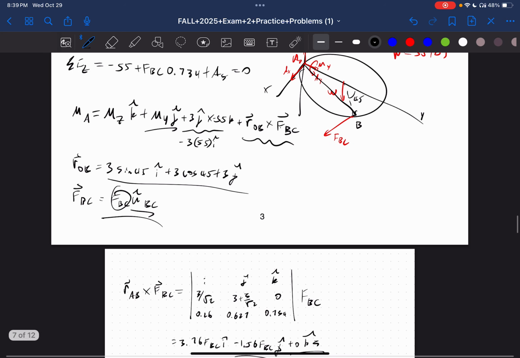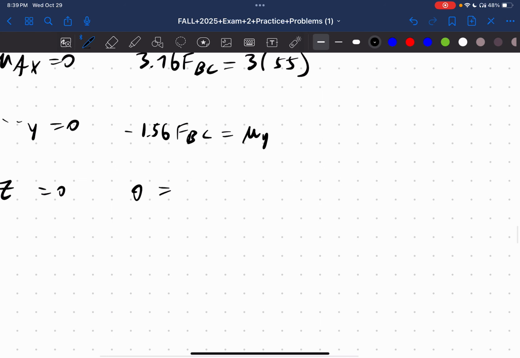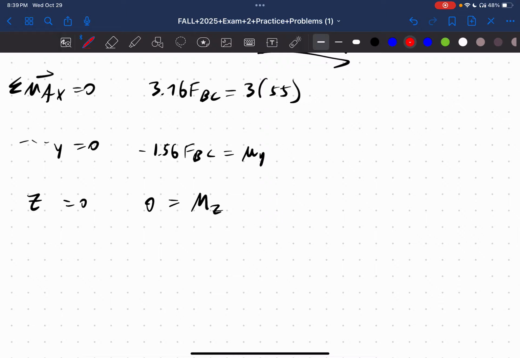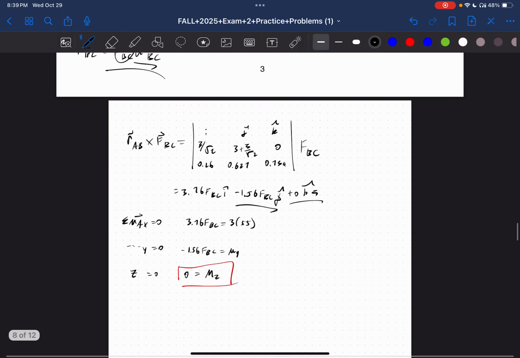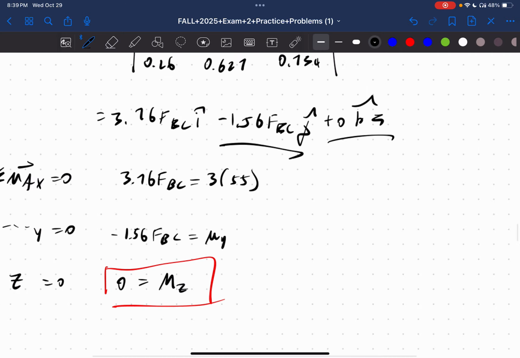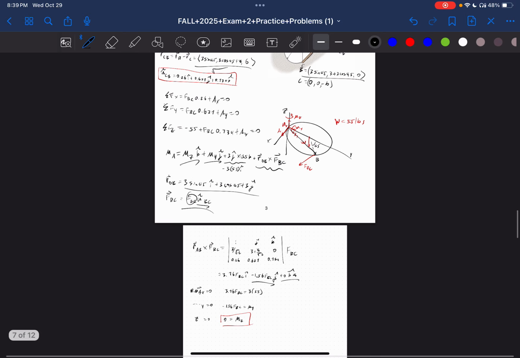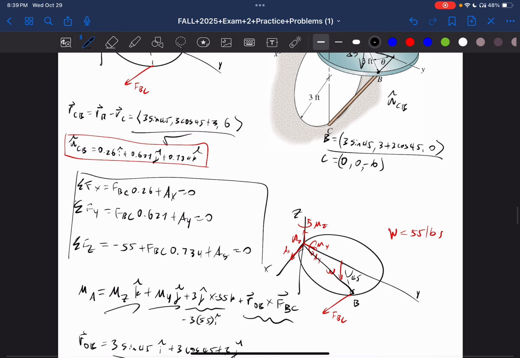The only one in the z direction is here, so Mz is equal to 0. And then if we solve, okay, so we have 1 here, and we also have this, and we have our equations here.